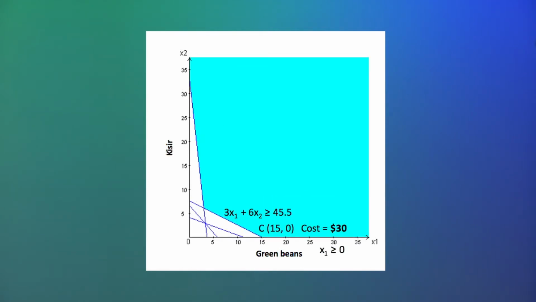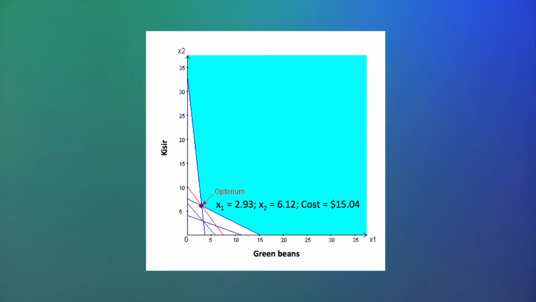Our last extreme point is point C, which corresponds to the binding of the constraints 3x1 plus 6x2 greater than or equal to 45.5 and x1 greater than or equal to 0. Again, evaluating our objective at point C with x1 equal to 15 and x2 equal to 0 provides us with a total cost value of $30 that's higher than point B.